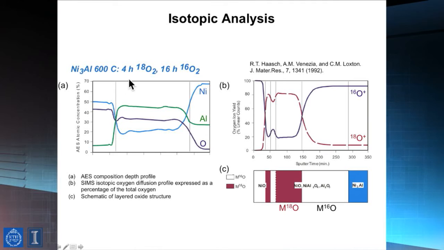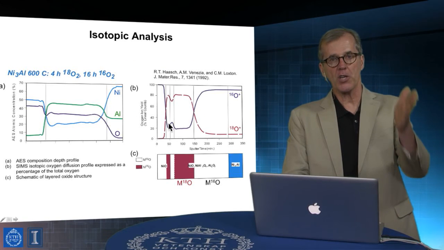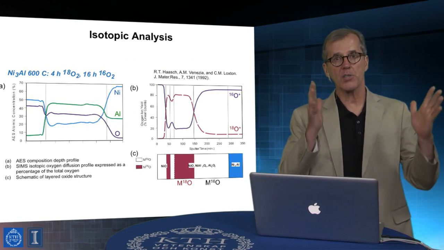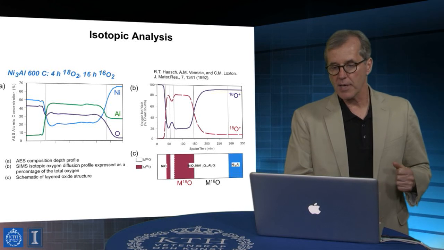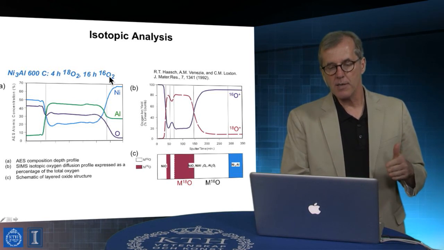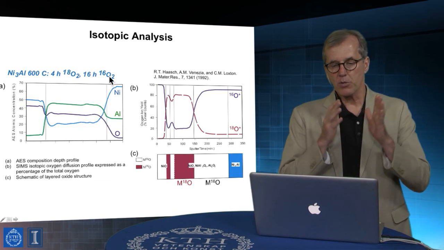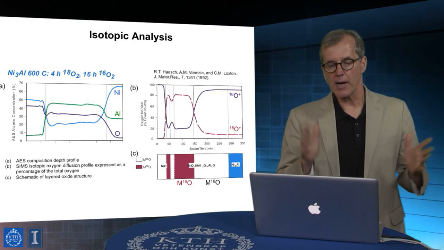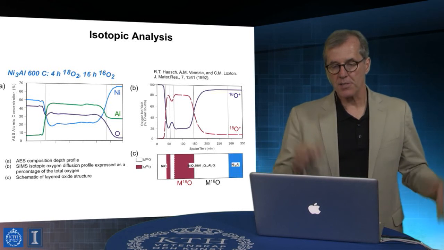But at high temperature, this material will oxidize. And one of the ways you could study that is by doing graded oxidations, changing the isotopic content of the oxygen that's contacting it, and looking at how an O18 label and an O16 oxygen move in time as the processing occurs.